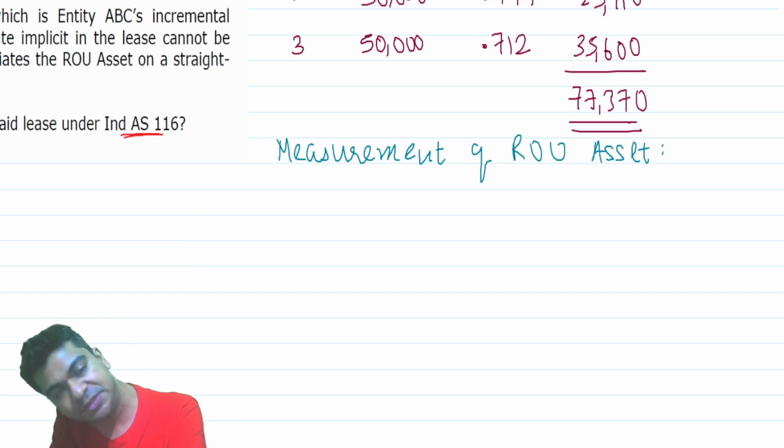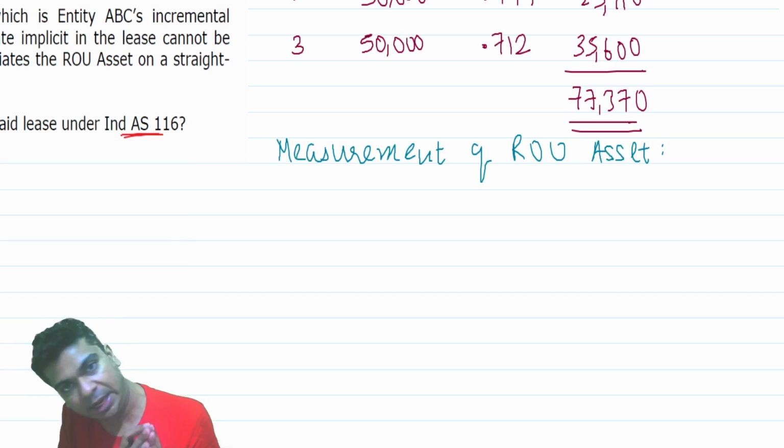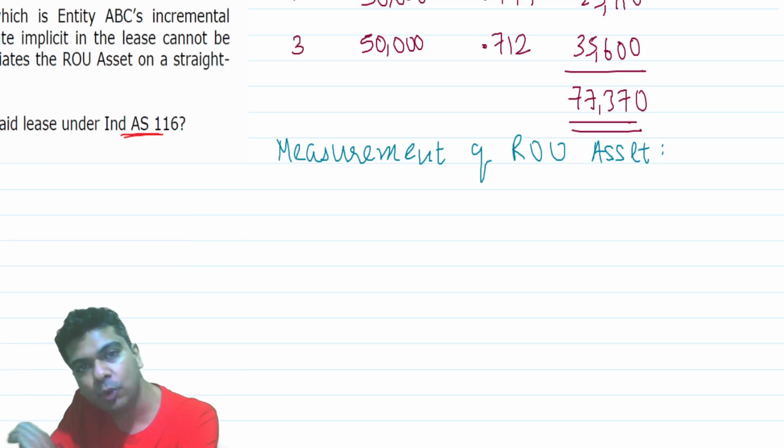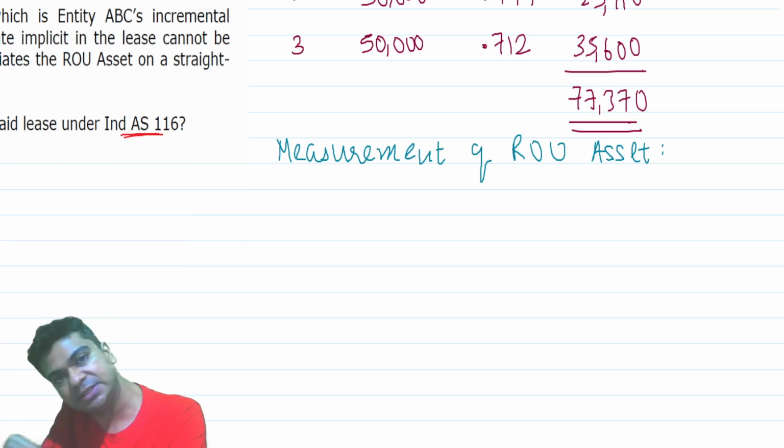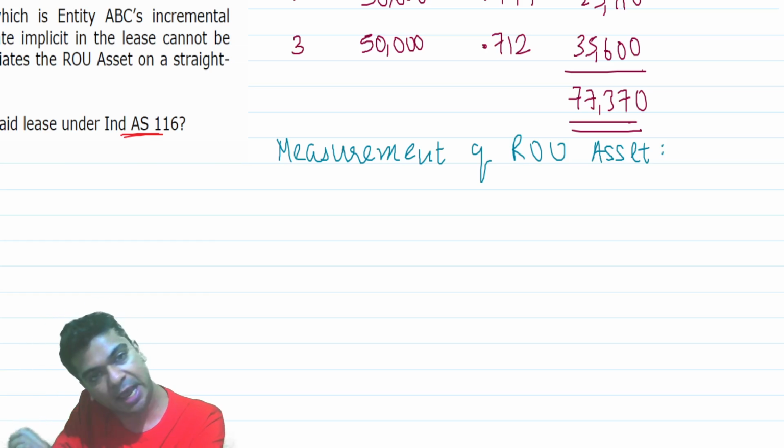No information is given, so only one item will become a part of the cost of the ROU asset, and it is the present value of the lease payments. That's nothing but the initial lease liability.